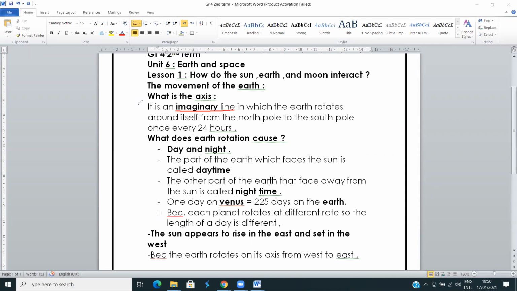Okay, Ammar Al-Harbi. What does Earth's rotation cause, Ammar? Okay, Ammar Al-Harbi, where are you? Okay, Asr Ahmed, where are you?